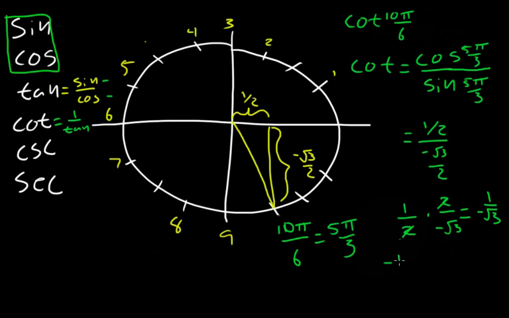So we multiply negative square root 3 by square root 3 over square root 3. We're just multiplying by the denominator. Square root 3 times square root 3 is just 3, and we're going to have negative square root 3 on top. That's the answer for cotangent of 10 pi over 6: negative root 3 over 3.